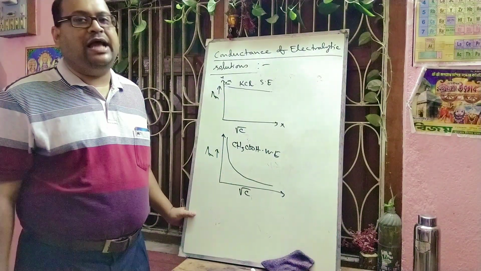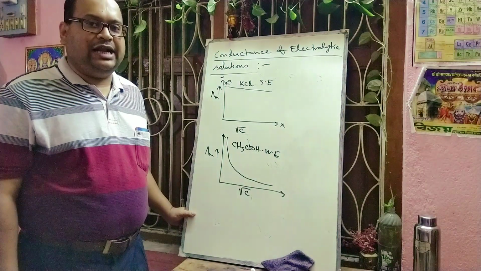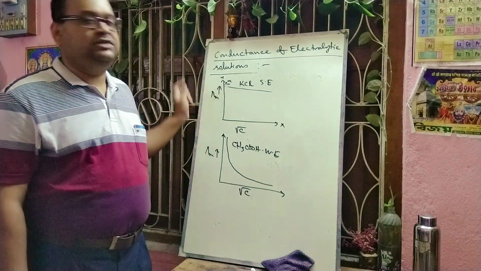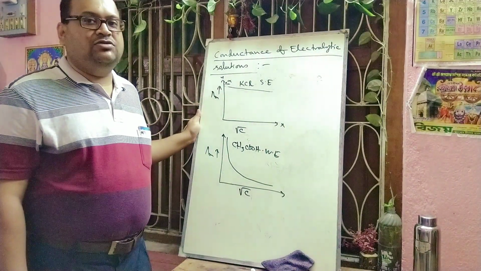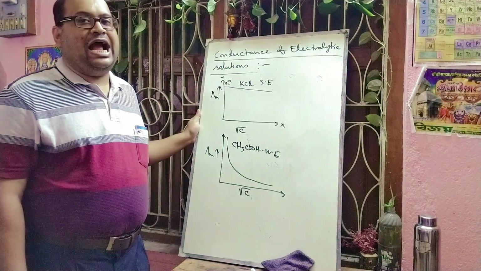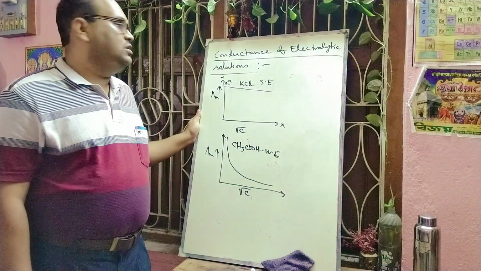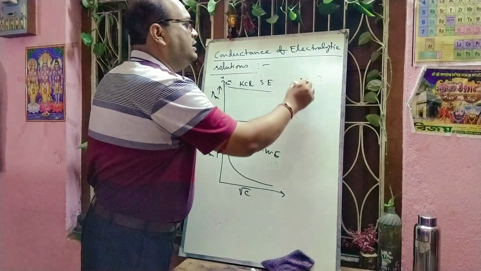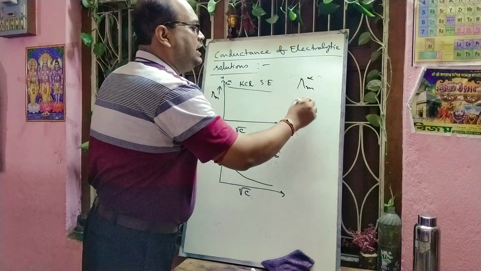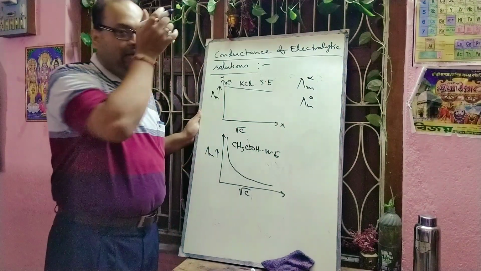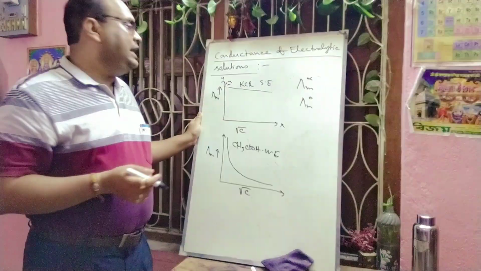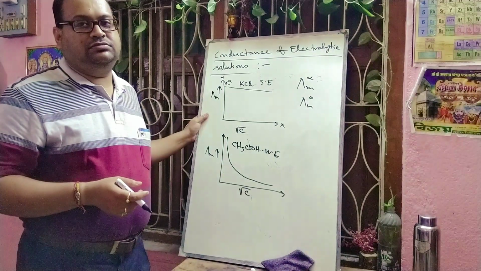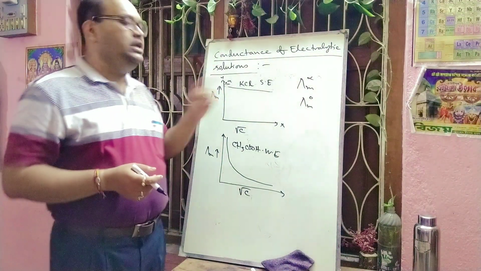This limiting value of molar conductivity, obtained at infinite dilution, is known as molar conductivity at infinite dilution, and it is generally represented by Λm∞, or in some books Λm0 is given. So here we are writing Λm∞. Now Λm is equal to Λm∞ when C tends to 0. This is the case of strong electrolyte.